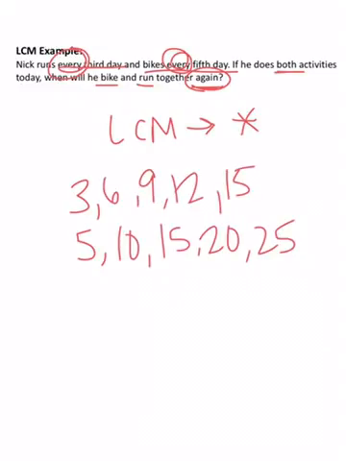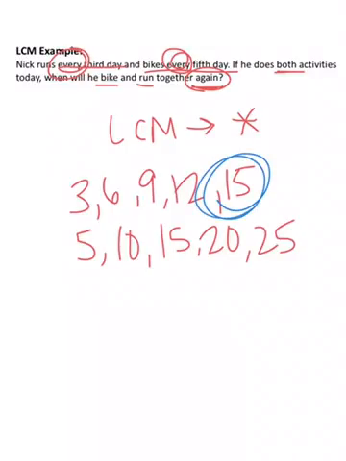So again, we see that word again, which tells us that we're using LCM because we are looking at multiples or multiplying. So we're going to list the multiples of 3 and 5. Go ahead and do that and see if you can find the least common multiple between the numbers 3 and 5. Remember, we always list about 5 multiples for the first time through, and then we check our list to see if we have any in common.